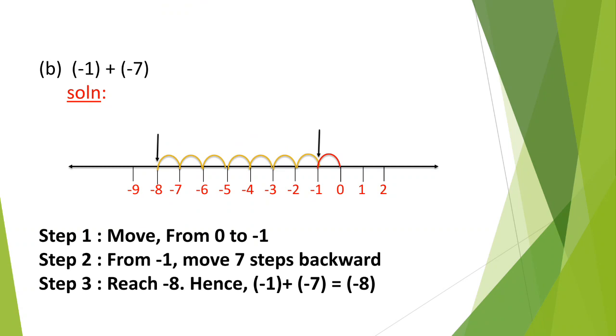From 0 to minus 1. After that, from there, we came 7 steps backward, because we have minus 7, a negative number. So we came backward. Minus 1, after 7 steps backward, reach minus 8. So our answer: minus 1 plus minus 7 equals minus 8.